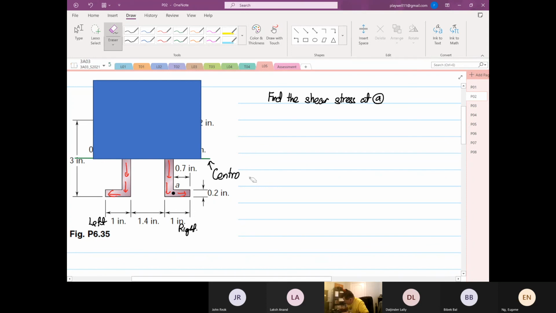Is the left web or left section and the right section linked after the centroid, the shear flow? Anyone?